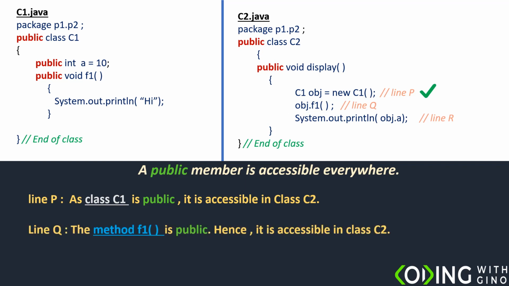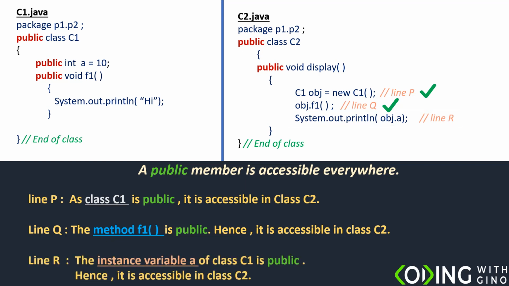F1 is public, so F1 can be accessed anywhere, including in C2. Line Q hence works. Line R uses variable a of C1. As you can see, a is public, so it is also accessible everywhere. Line R is thus valid.